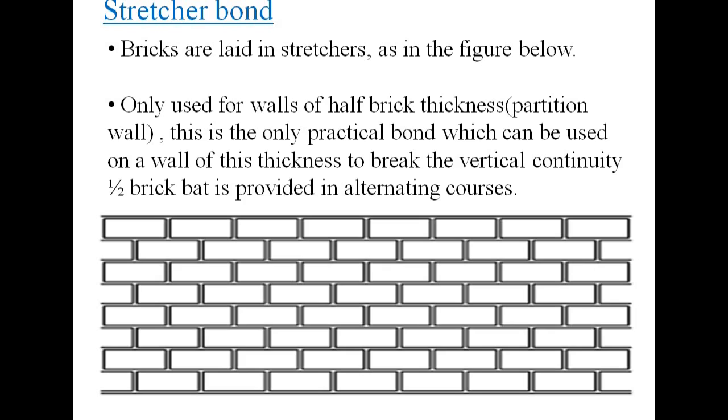This is the only practical bond which can be used on a wall of this thickness, to break the vertical continuity. A half brick bat is provided in alternating courses. So in the plan you will understand.